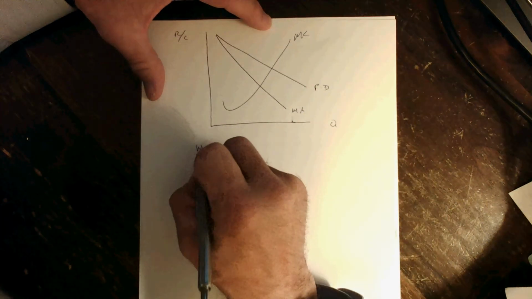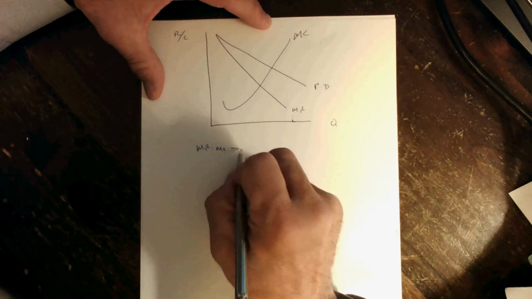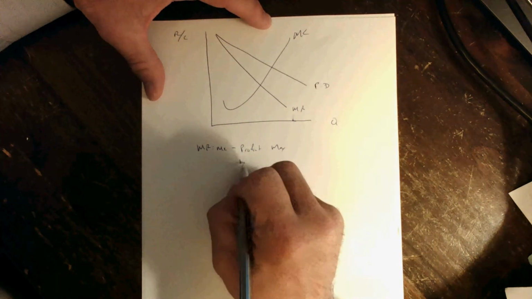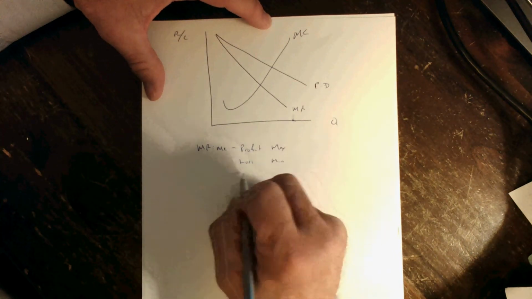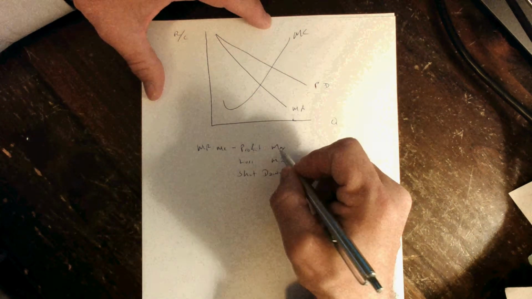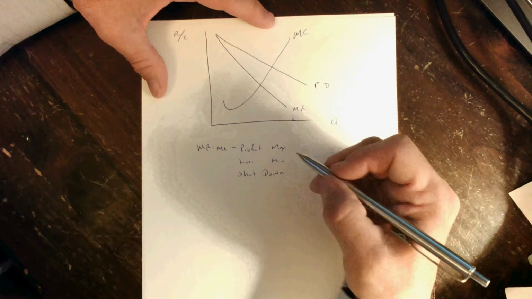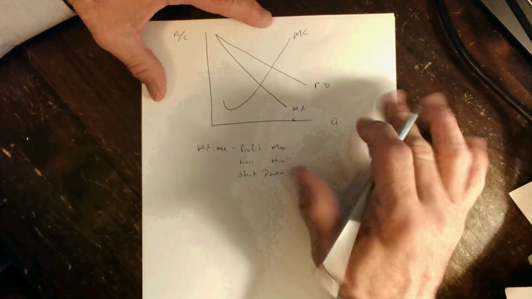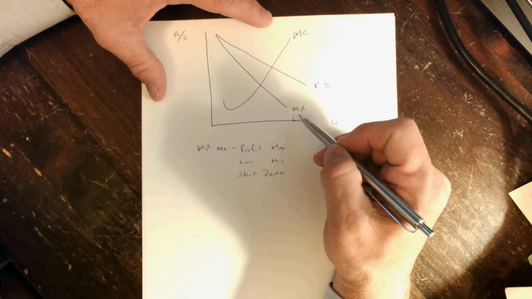The firm will do its best where marginal revenue equals marginal cost, and the best being either profit maximization, loss minimization, or shutdown. All firms would like to profit max, but you can't just choose that. It depends on the reality, the physical reality of your cost curves in relation to your price and marginal revenue.